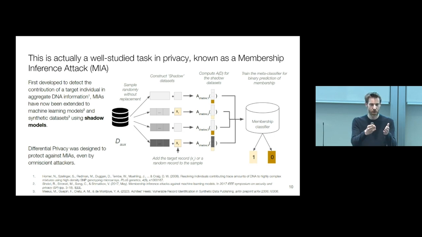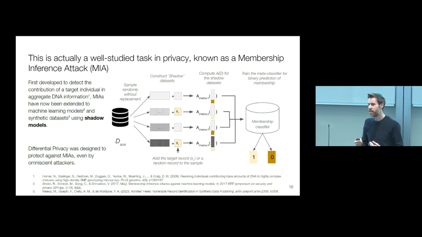Can I detect that Mark's DNA data was in an aggregate data set, yes or no? This is called a membership inference attack. The goal is, by looking at the aggregates, in this case the resulting trained model, to figure out whether a specific book was seen during training, yes or no.